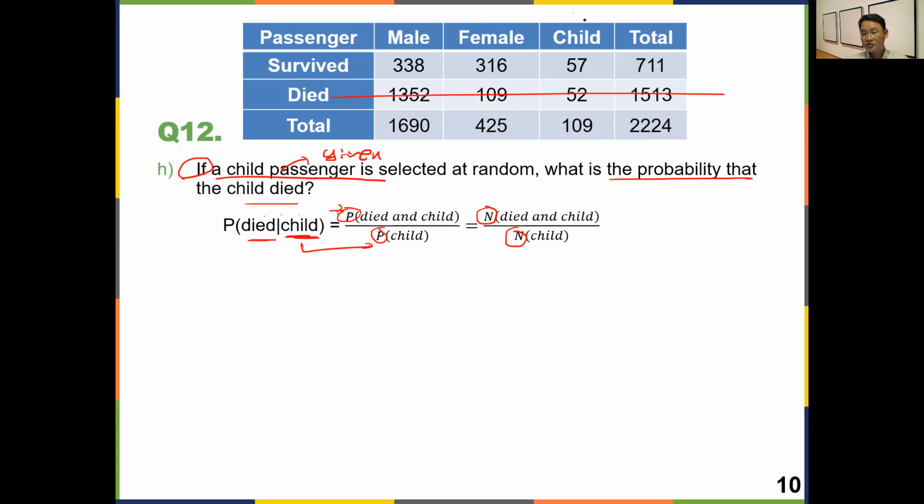Right here, 52. How many of them are child altogether? Right here, 109. That's the answer. So 52 divided by 109, type it into the calculator, boom, that's it.